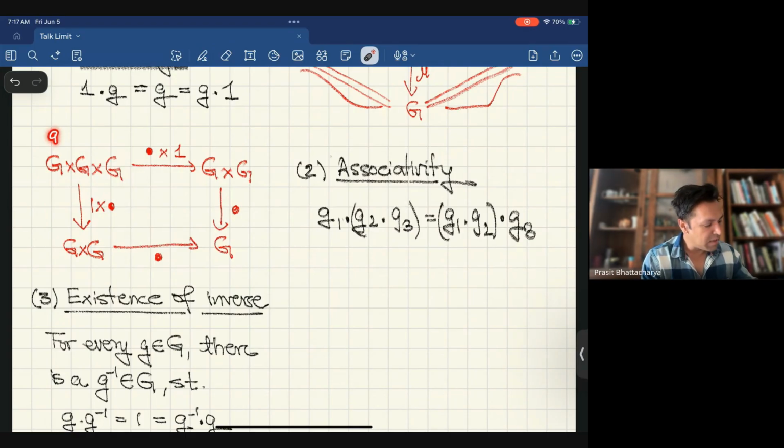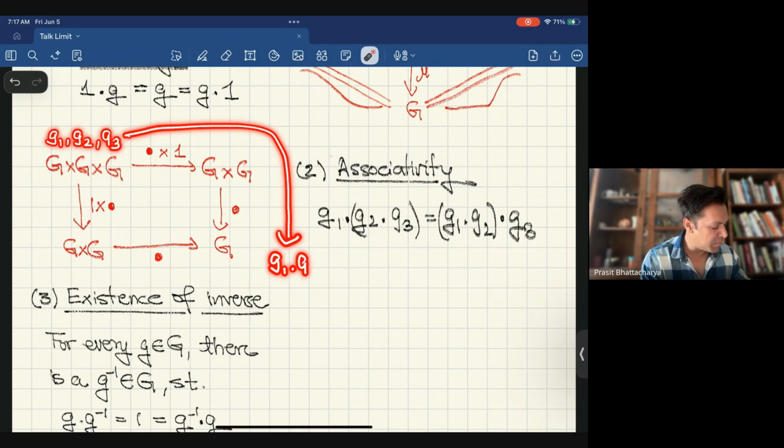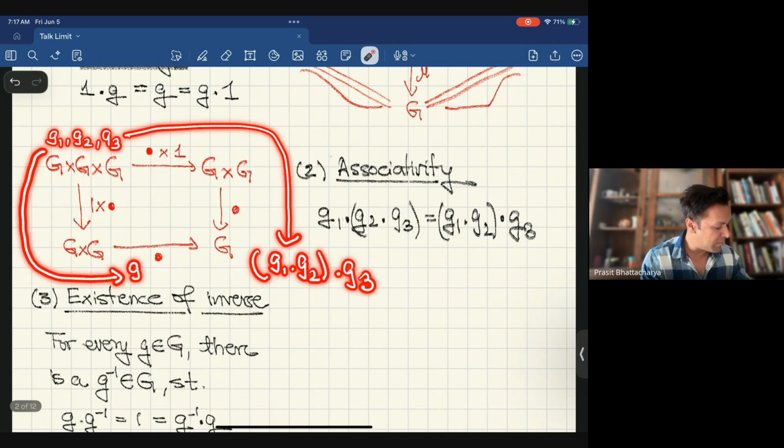Because if I start with G1, G2, G3, if I go around like this, I get G1, first, I multiply G1 and G2, then I multiply with G3. Whereas if I go around that side, I get G1 multiplied with G2, G3. And commutativity of this diagram is saying that, oh, well, these two are equal.